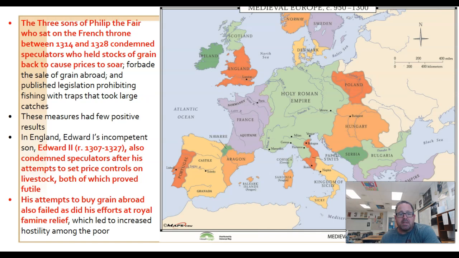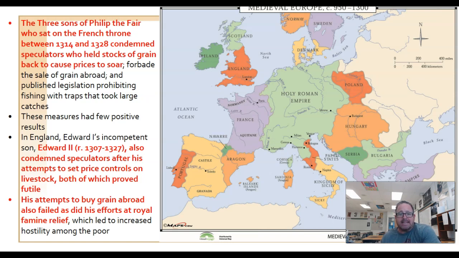and stuff like that. But the point of it is, both in France and England, the efforts of the kings mostly failed. They were able maybe to provide a little bit of relief as far as getting food out to their subjects, but not very well. Okay, and the reason being is because at this time period, the kings were very weak.